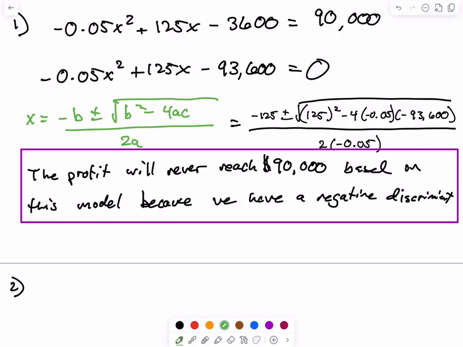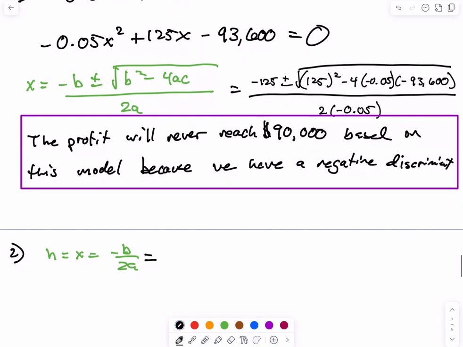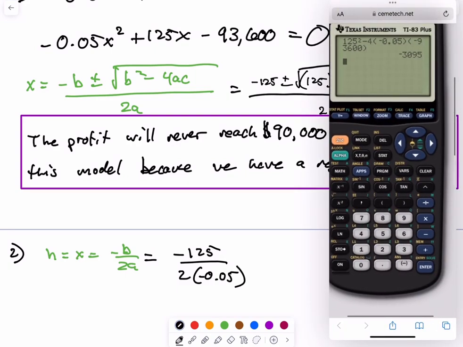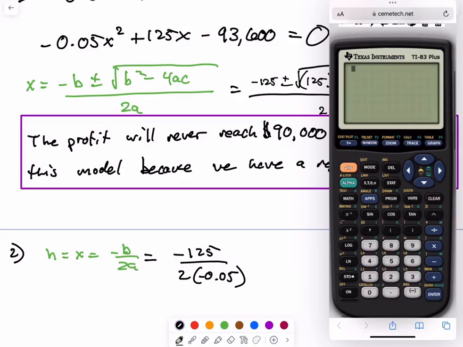So the h is our x coordinate of the vertex. That's going to be negative b over 2a. So here, negative 125 over 2 times the negative 0.05. So double negative is positive. 125 divided by 2 times 0.05.